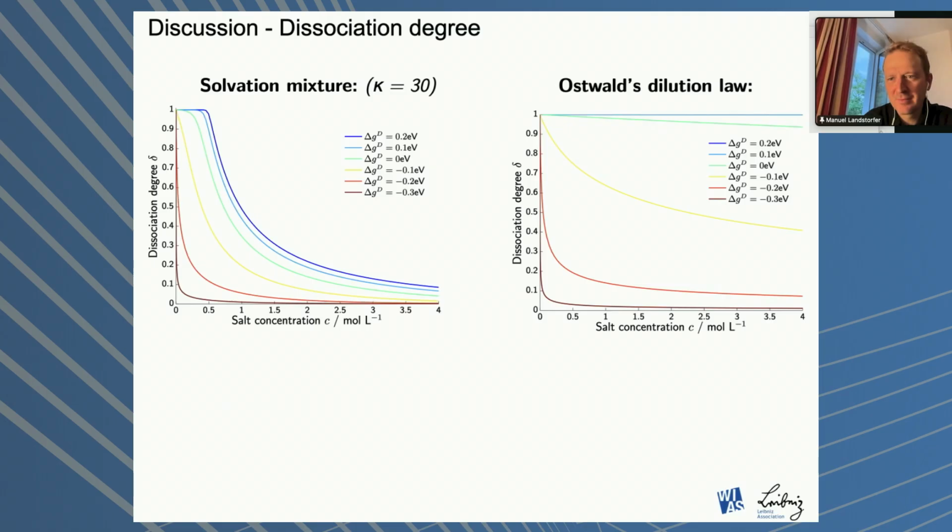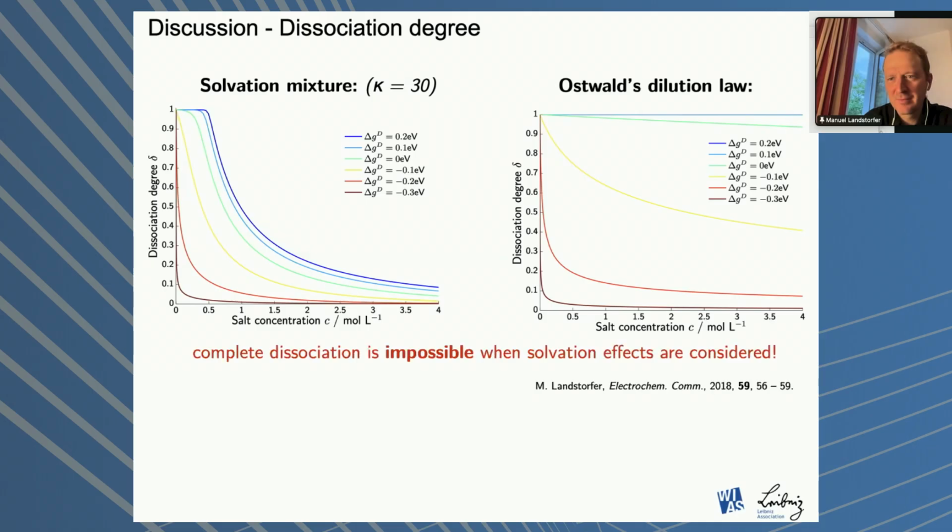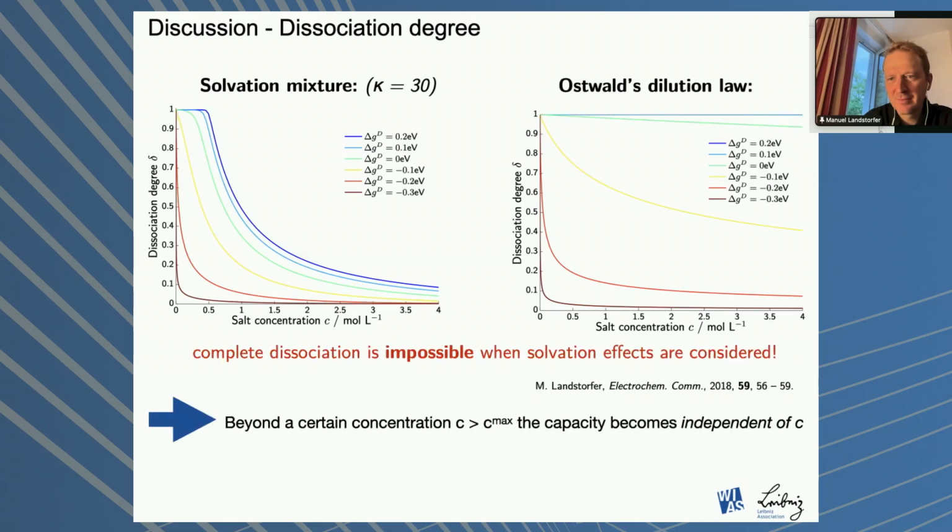However, in solvation mixtures, you will find that independent of the delta G of the actual dissociation reaction, after a certain concentration the dissociation degree becomes less than 1, simply because not enough solvent molecules are left anymore for the ion pair to dissociate into solvated anions and cations.